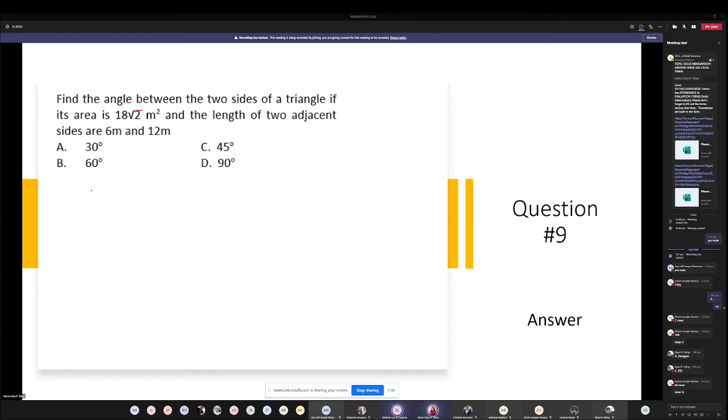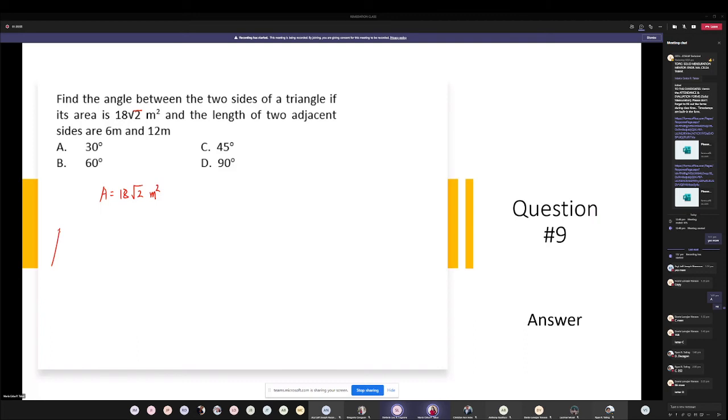Instead of solving for the area when the angle is given, it's the other way around. We need to solve for the angle given the area. So the area is 18 square root of 2 square meters, then the two adjacent sides.